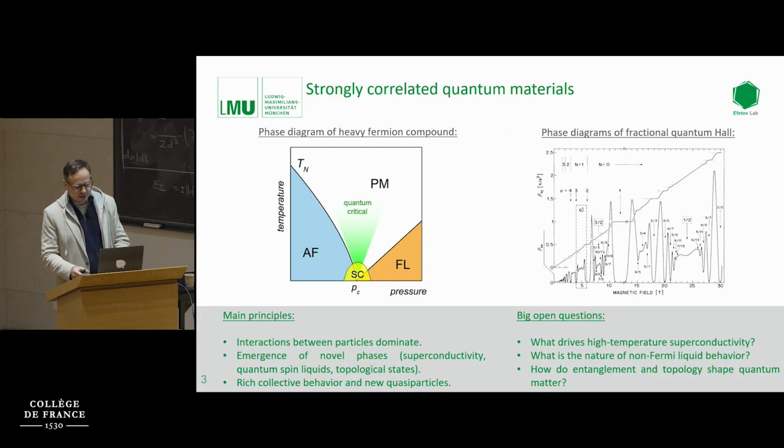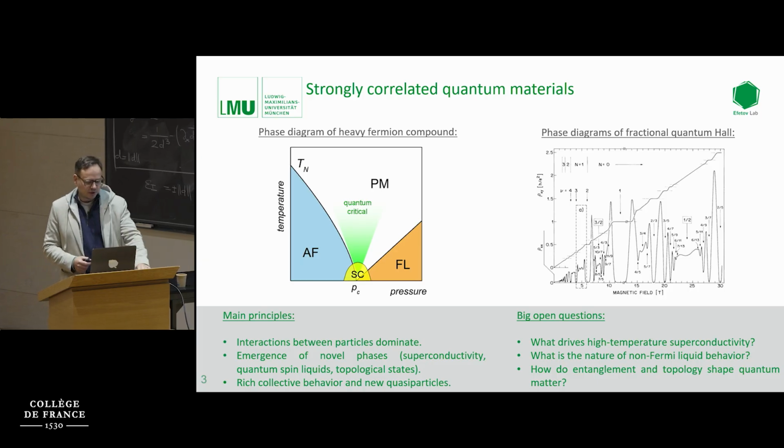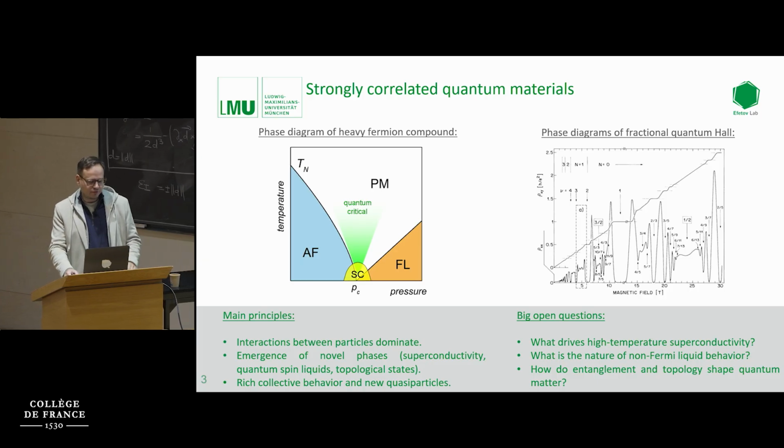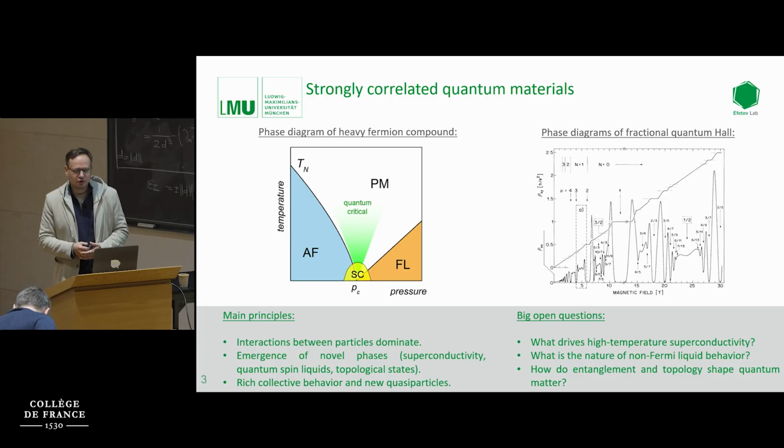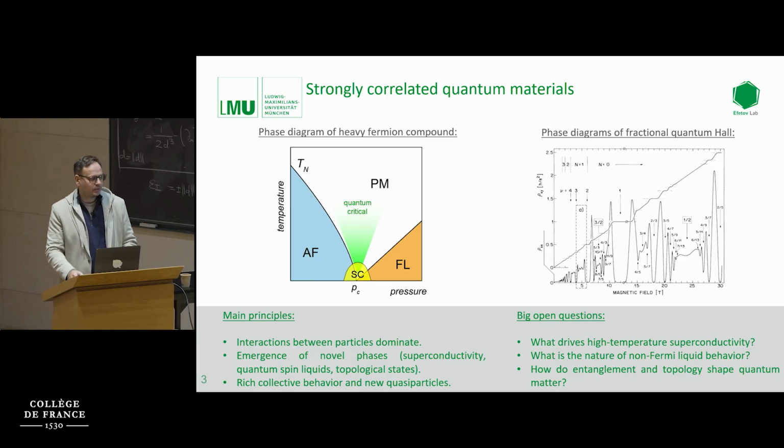Comparisons with twisted bilayer graphene have been made, which position it in the strongly correlated quantum materials platform.